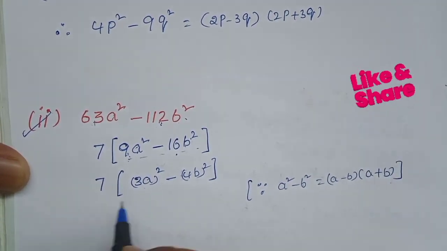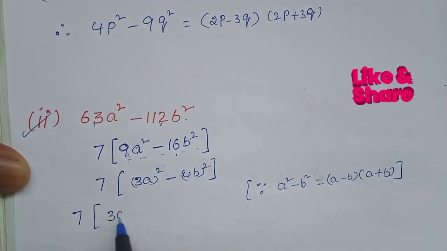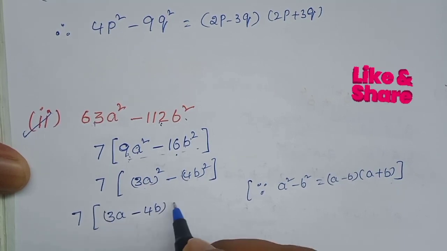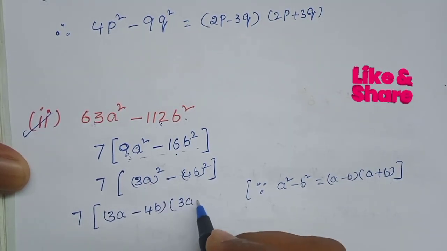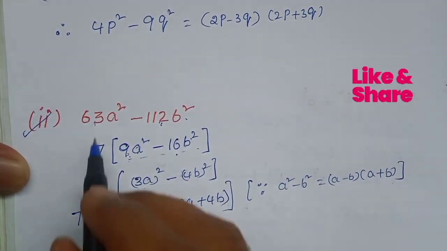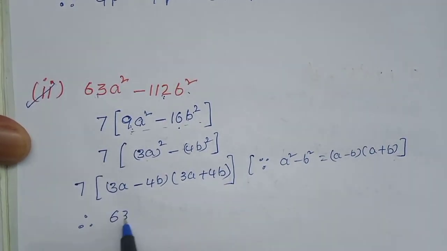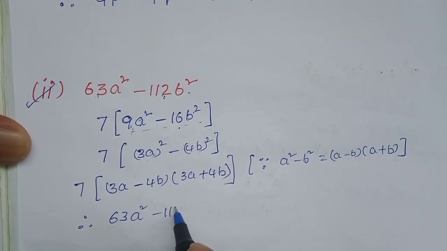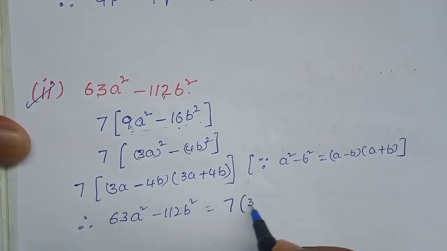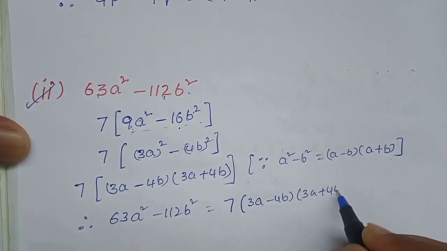So because of this identity, you can write this as 7 into 3a minus 4b into 3a plus 4b. So we can write 63a square minus 112b square is equal to 7 into 3a minus 4b into 3a plus 4b.